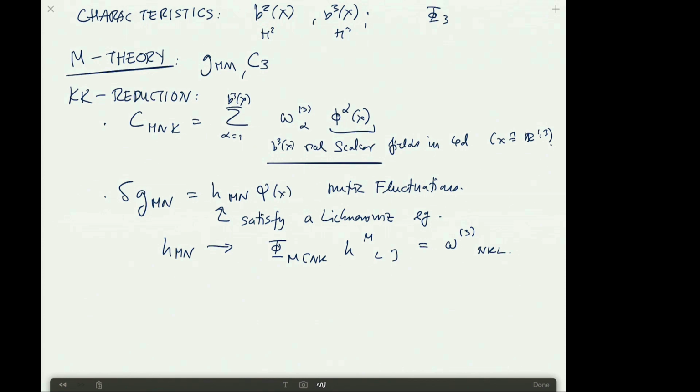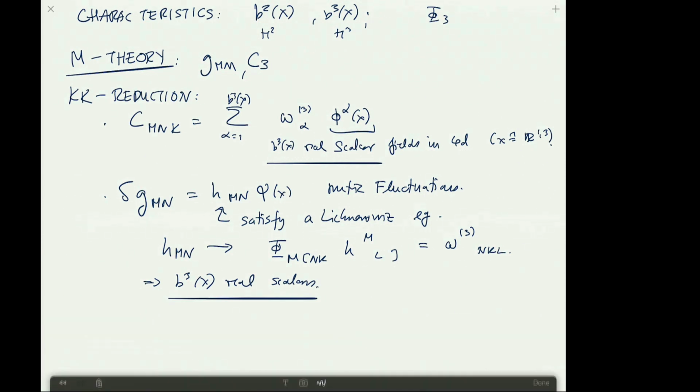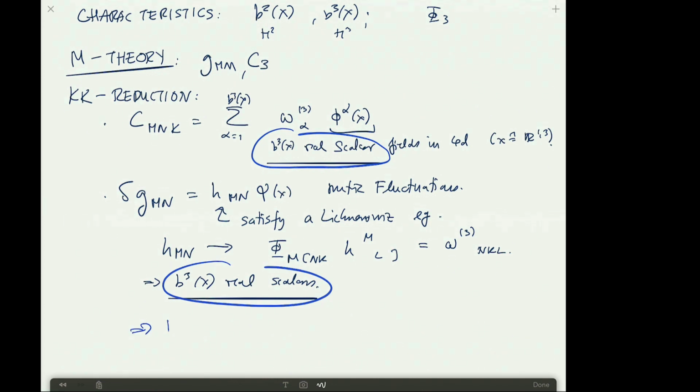So in fact, these are also giving then B3 many real scalars, which then together with what we had from the C3, so these guys here and these guys here combine into B3 of X chiral multiplets, including the fermions that we have not discussed here.